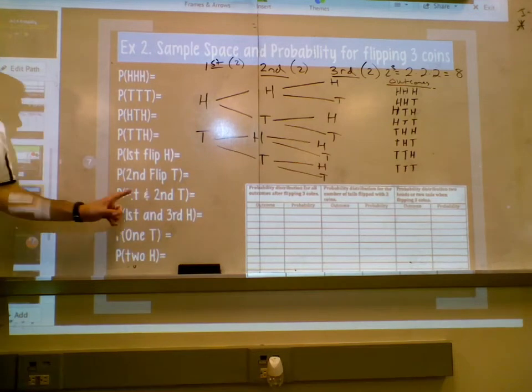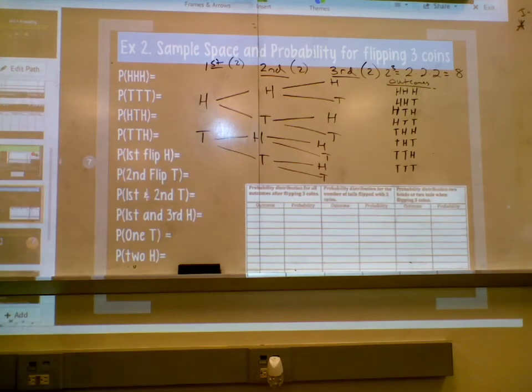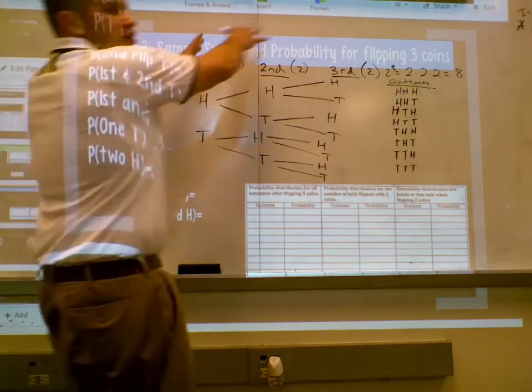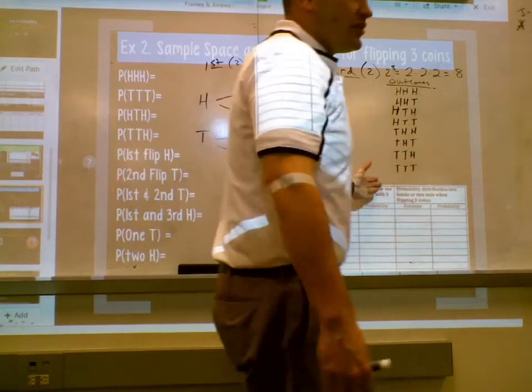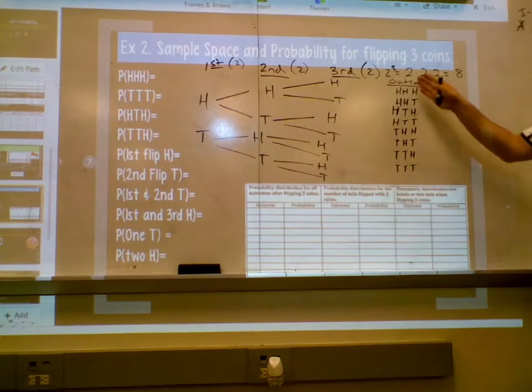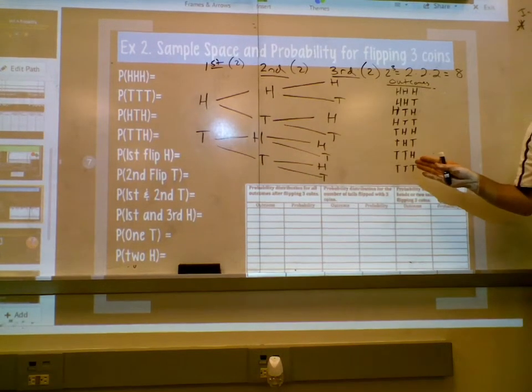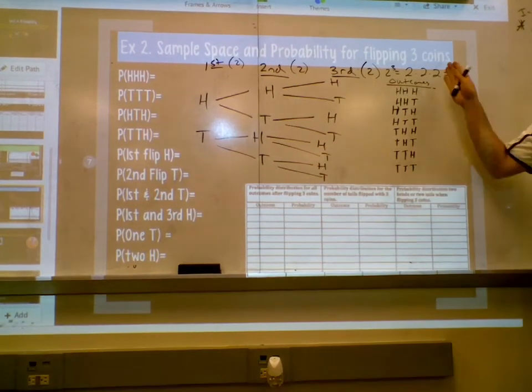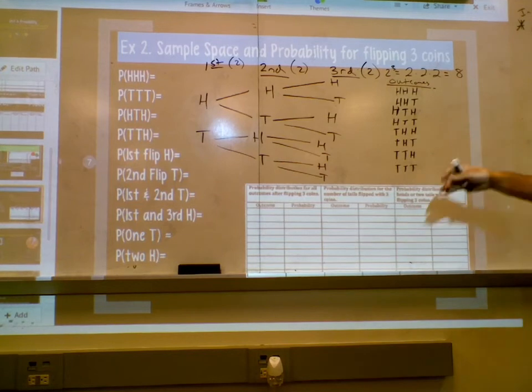The probability of your first 2 flips being tails. Does this make sense, guys? Okay? So I want you to try to figure those out. You can use the diagram or the outcomes. Right? The outcomes are listed in order. The first letter is the first flip. Second letter is the second flip. Third letter is the third flip.